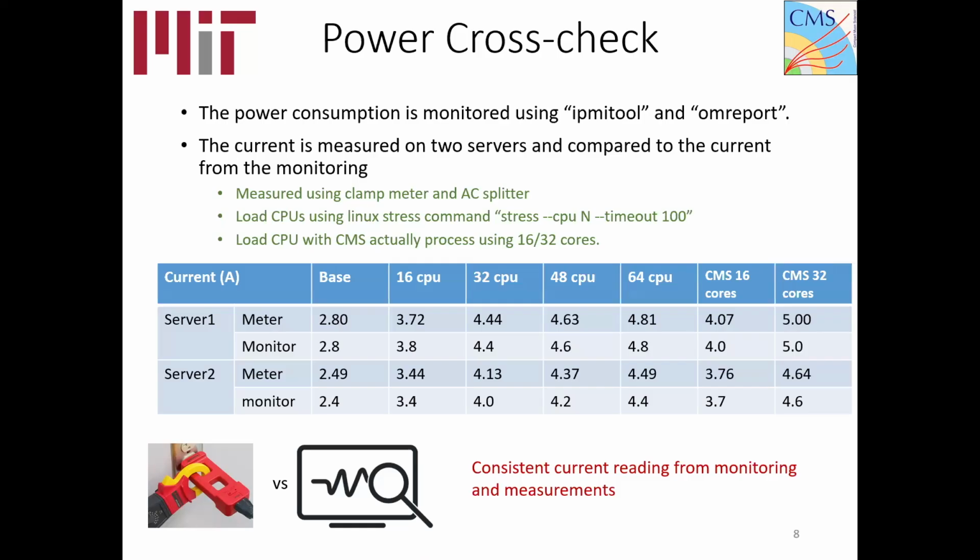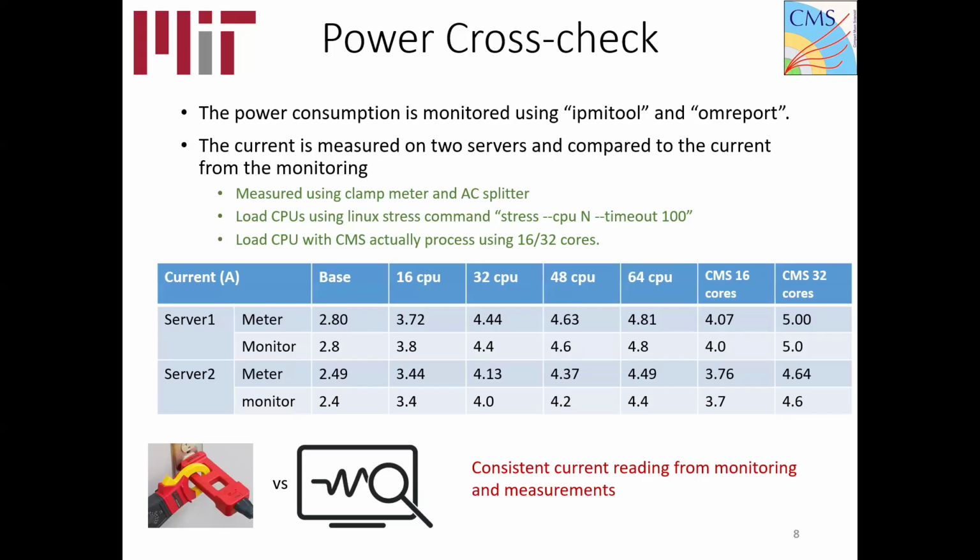To make sure the values from those software packages are reliable, we make a cross-check using 2 example servers, and we did different measurements using manual measurement, using clamp meter and AC splitter, plugging on the machine and measuring their current. So we cross-check the current with whatever is given by the monitoring, and we also load the machines with different scenarios using the stress test command, loading different numbers of CPUs.